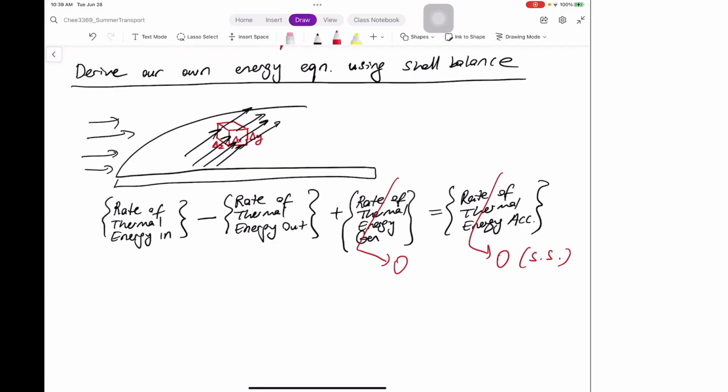Okay, I only have thermal energy in and out, but I have 4 different terms for each, because thermal energy can get in with conduction or advection, and it can get in along the x direction and along the y direction.